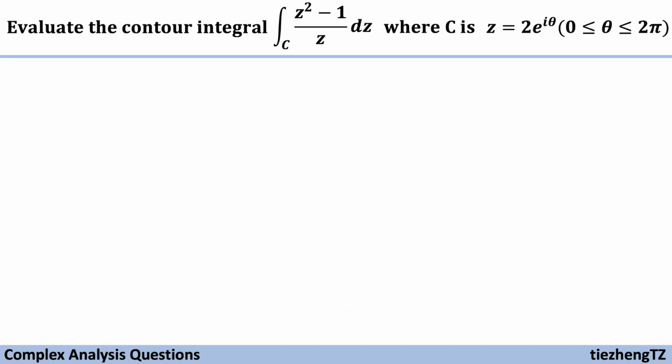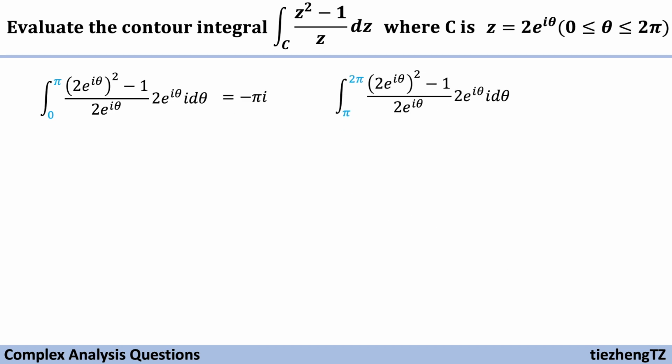Or, from the previous two example questions, we already know for this integral function from 0 to pi, the answer is minus pi i. And also, for the same integral function from pi to 2 pi, the answer is also minus pi i.